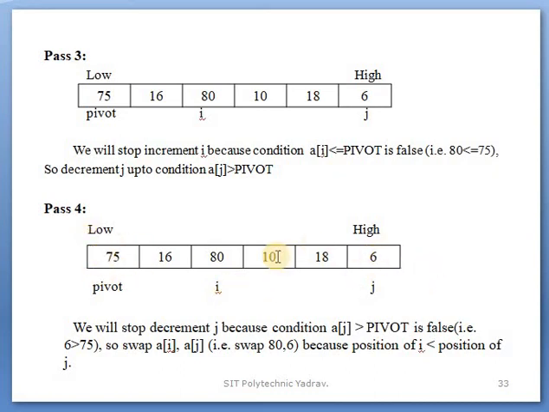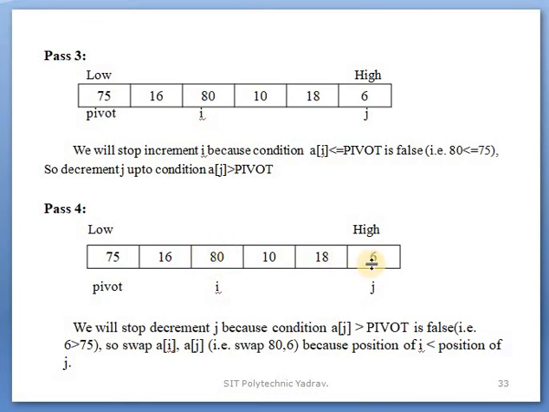Clear that? When to swap i and j, and when to swap pivot and j. When i is less than j, the ith position is less than the jth position. What does this mean? Positions 0, 1, 2 are i, and positions 3, 4, 5 are j, so 2 is less than 5, the array position number.